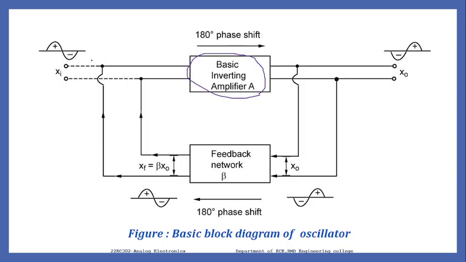But I want the actual input, that is, I should have 0-degree phase shift. If I am getting a plus 180-degree phase shift, that has to be compensated by a minus 180-degree phase shift. Or in other words, the sum of the total phase shift around the closed loop, from the input through the basic amplifier, output, feedback network, and back to the input, should be 0-degree or 360-degree.